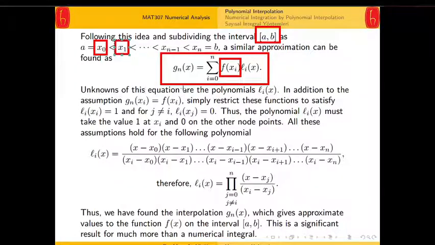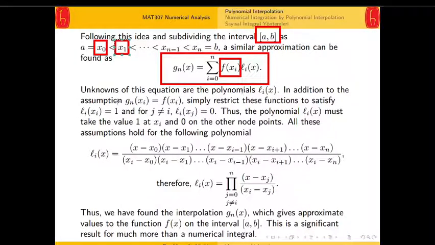The unknowns of this equation are the polynomials L_i of x only, because we know the function f and we can find the value of function f at the x_i node points. So how can we find these L_i of x polynomials?